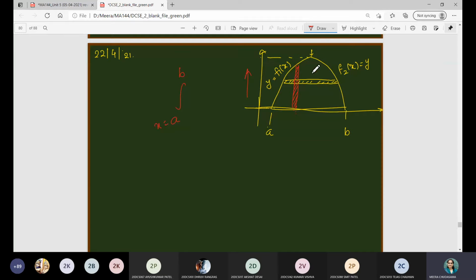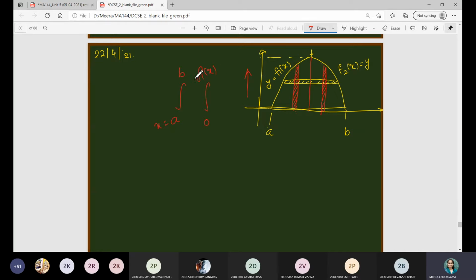Similarly, if I consider it over here or over here, the lower limit will remain the same, that is 0 in both cases, but the upper limit changes. If the strip is in this region, then it is 0 to f1 of x, and if it is in this region, then it is from 0 to f2 of x, right?